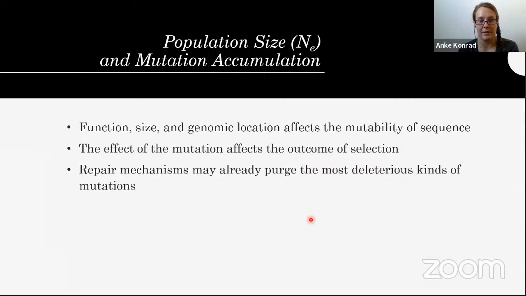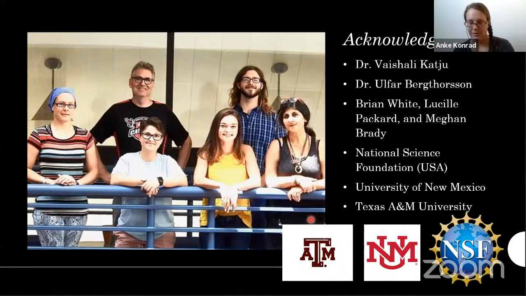And repair mechanisms, such as the mismatch repair mechanism, may already have adapted to take care of those mutations that may have the most deleterious effects regarding small mutations. That pretty much sums up these three stories, and I'm just about out of time.